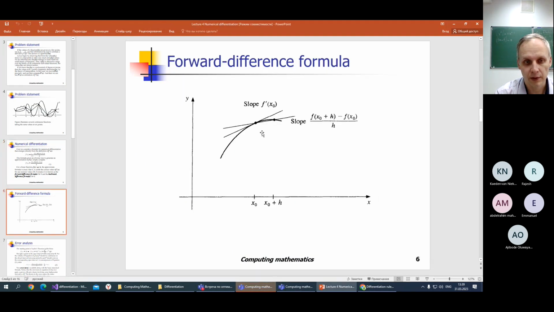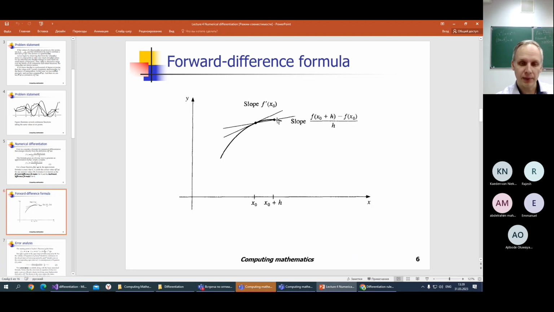Okay, this is the slope of the tangent line, the tangent line with some given slope, and these are 2 points. The point f of x and the point f of x plus h, and this formula corresponds to the slope of the line that passes through these points.